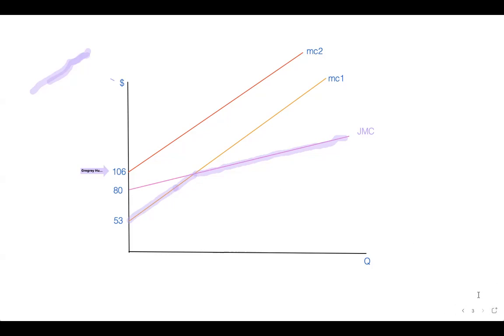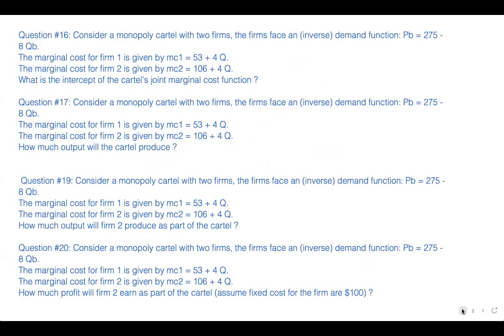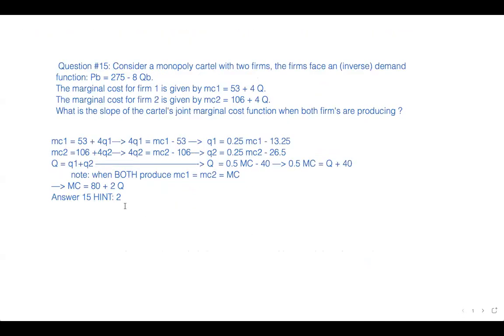So the main point is hopefully you can see now, and I'll grab the answer for number 16 and put it down here.